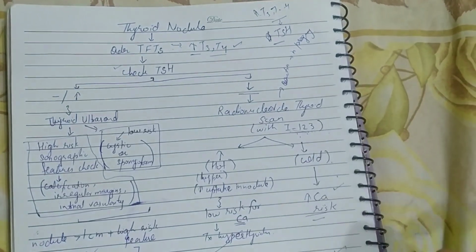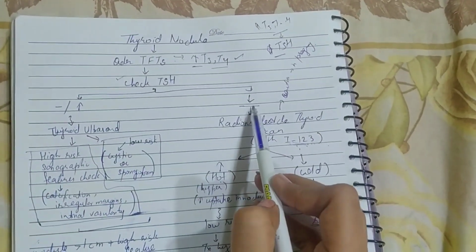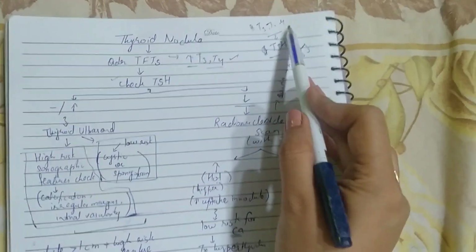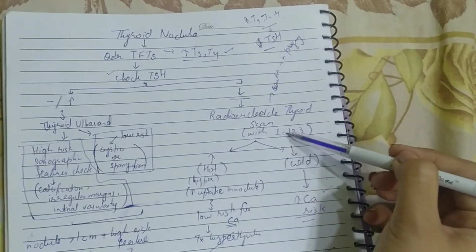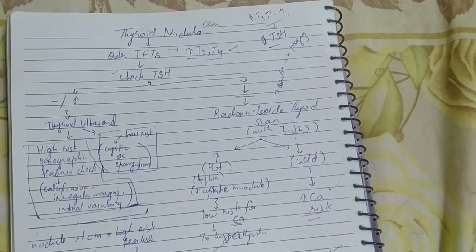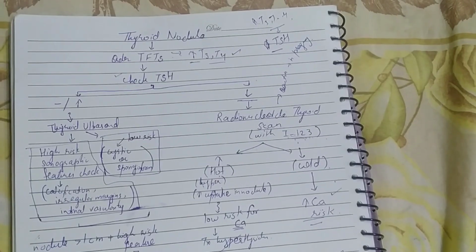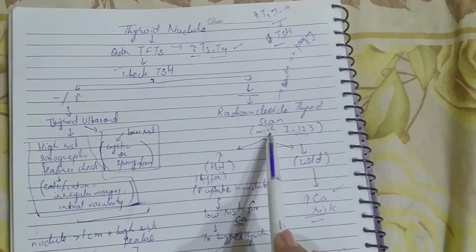So if TSH is decreased or T3 and T4 are increased, we have to go for the thyroid scan.